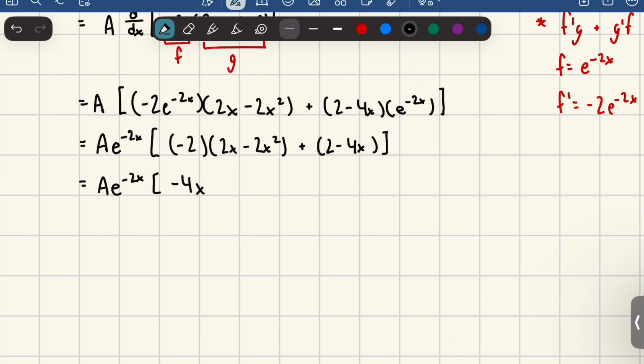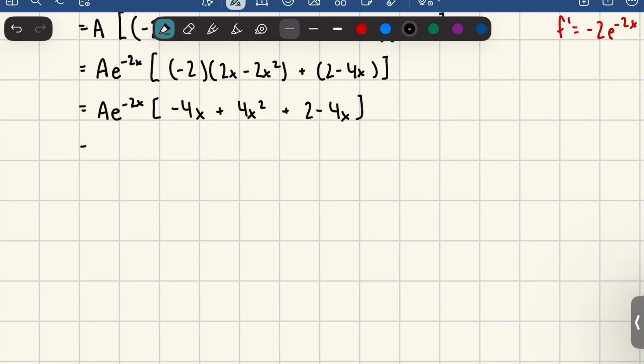Negative 4x plus 4x squared plus 4x. Put it in order. Keep it in this form and not distribute the ae.